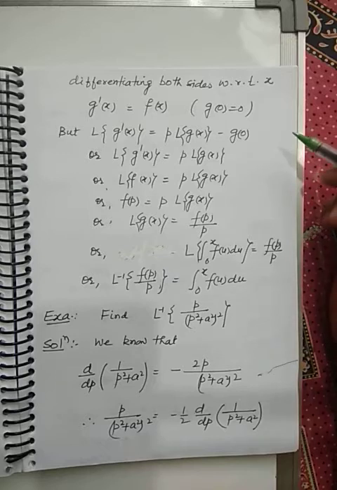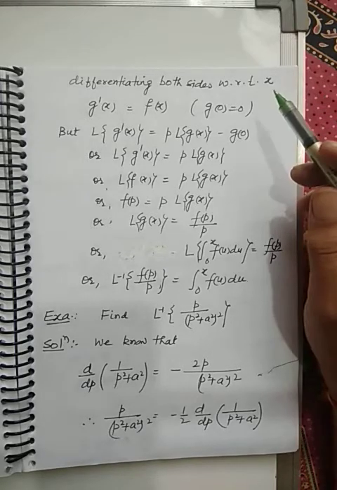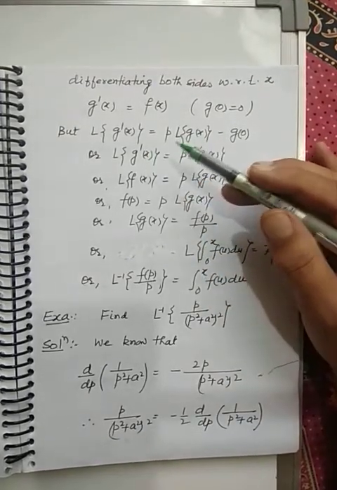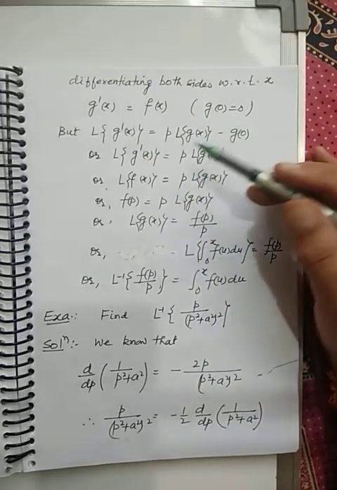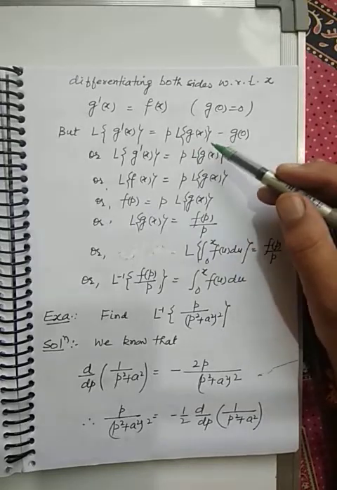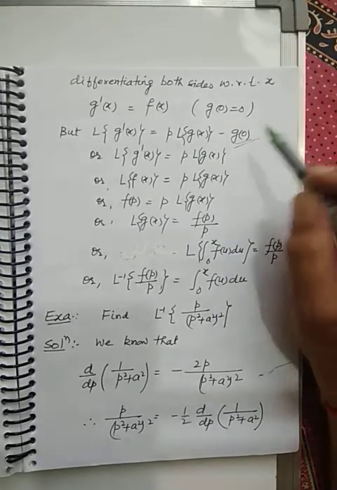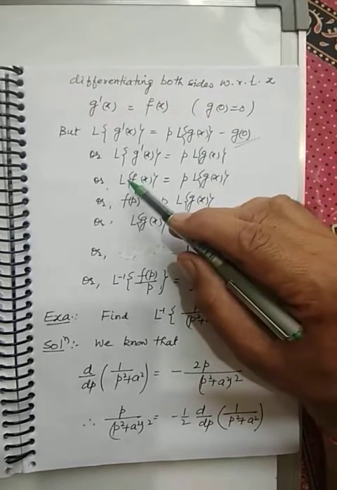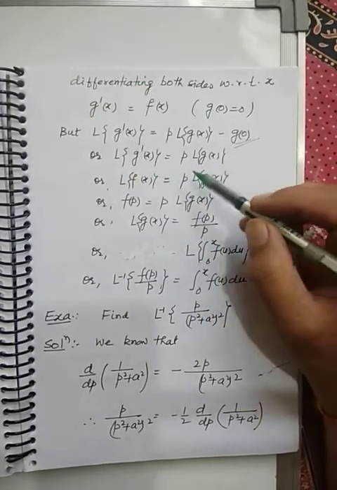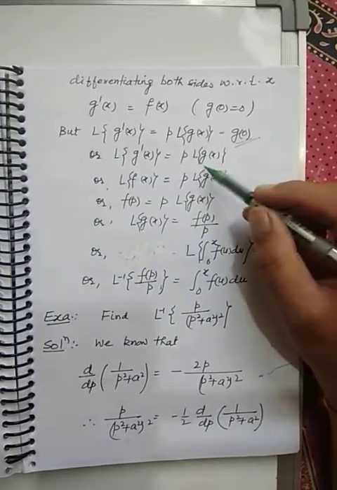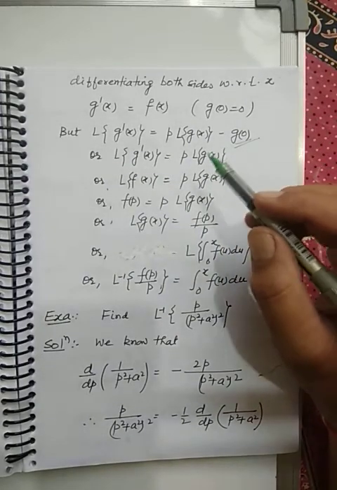When both the limits of the integral are 0, then it will become 0. But Laplace transform of g'(x) is given as p times Laplace transform of g(x) minus g(0). Here g(0) is equal to 0, or Laplace transform of g'(x) is equal to p times Laplace transform of g(x).